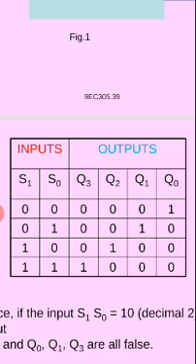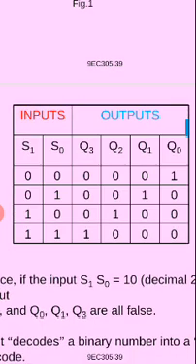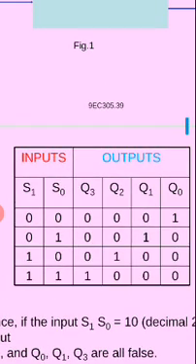For two inputs, 2 power 2, 4 combinations we get.